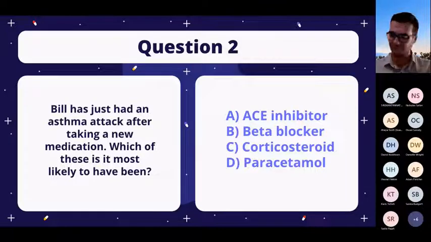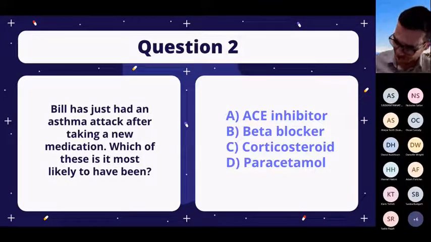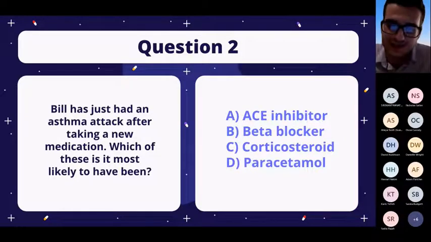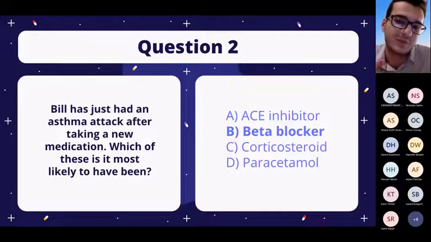Some B's, some A's. There we go. That's 30 seconds. So it's most likely to be a beta blocker. So the B's have it.